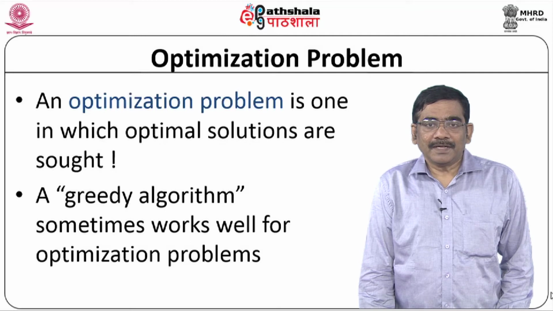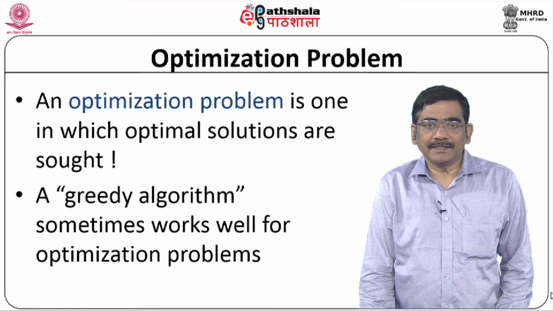I was telling you that for a given problem there may be n number of solutions. They are called candidate solutions. Out of all the solutions, some solutions are the best solutions that we call the optimal solution. The main objective of greedy approach is to find the optimal solutions.